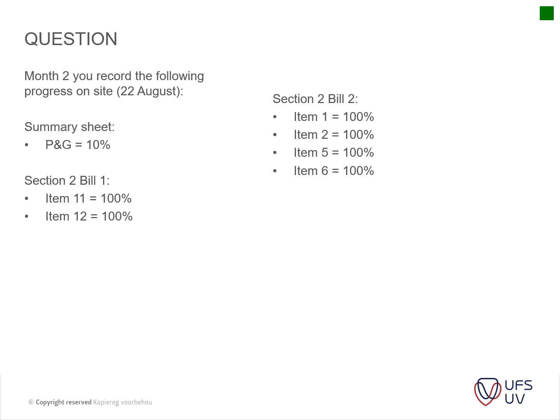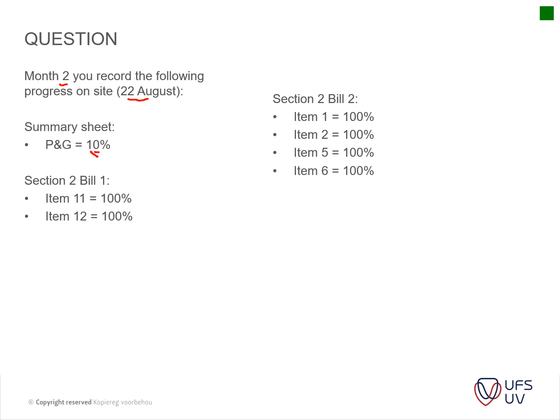So we will have, in month 2, you recorded the following progress on site, and the measuring date is the 22nd of August. You would remember the first payment certificate was the 22nd of July, so this is a month later. So the P's and G's went up to 10% from 5%, and then in section 2 bill 1 not much happened.